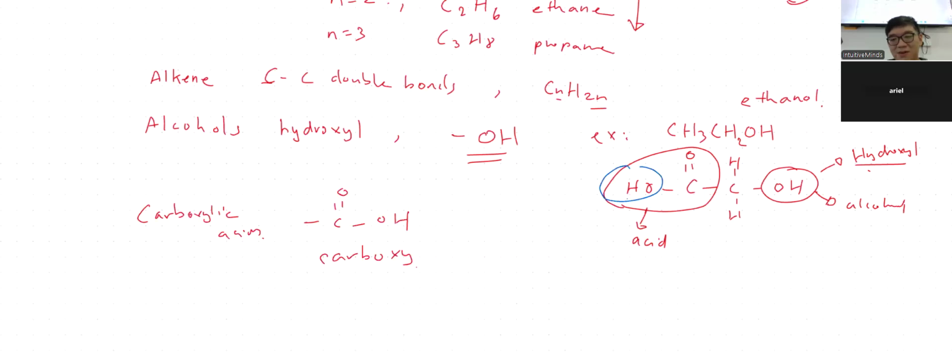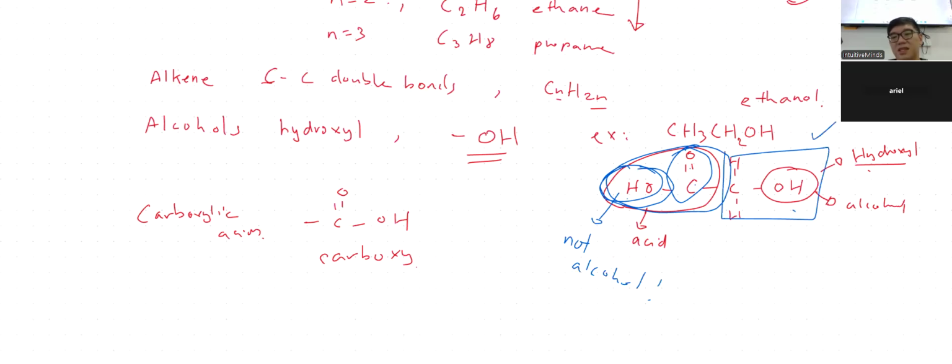But because of the C double bond O, you have to consider the whole thing. So what I'm trying to say is this is not alcohol. Only when you have just OH, no other group, then it's alcohol. If you see a C double bond O here, it is an acid, not an alcohol.